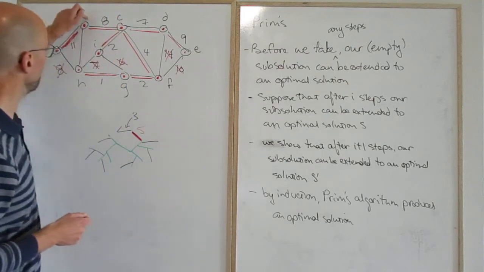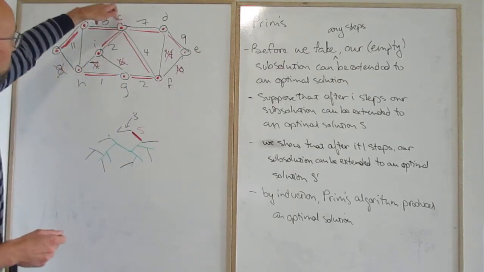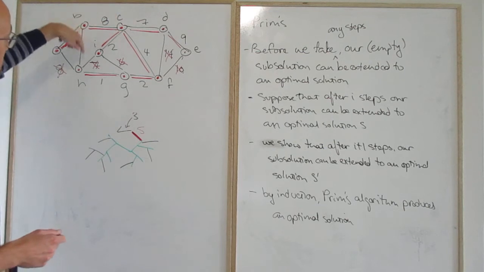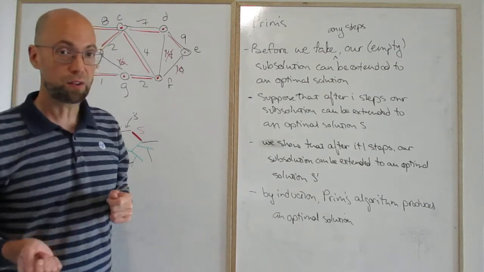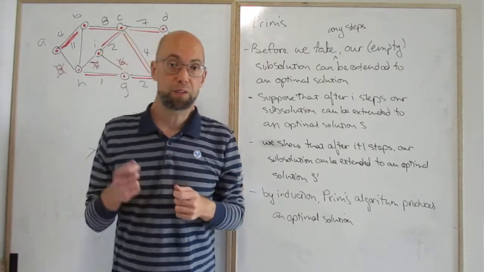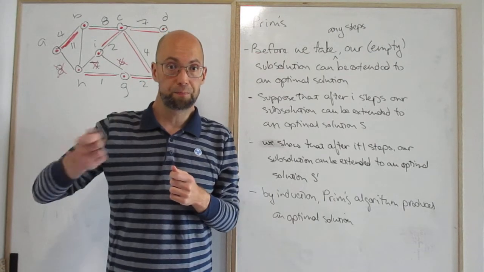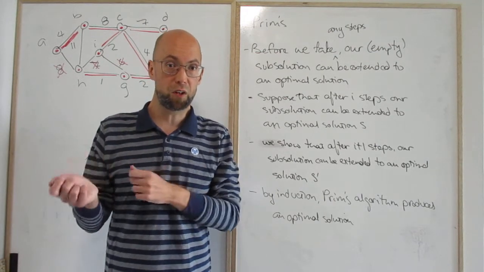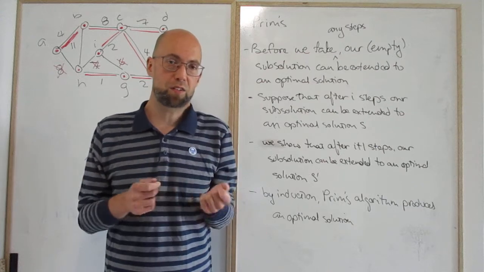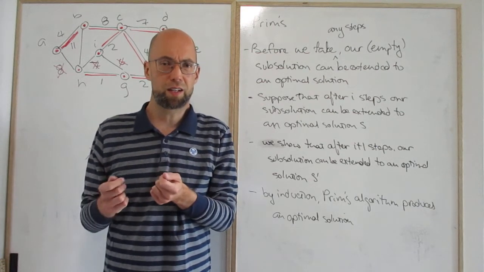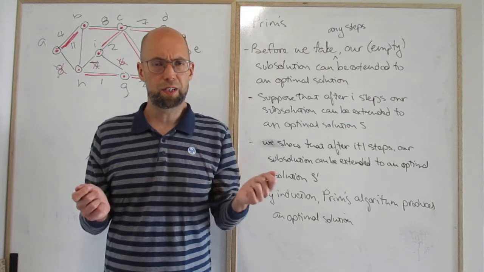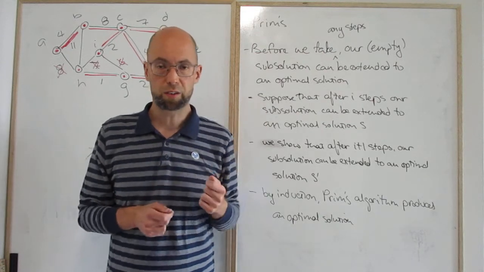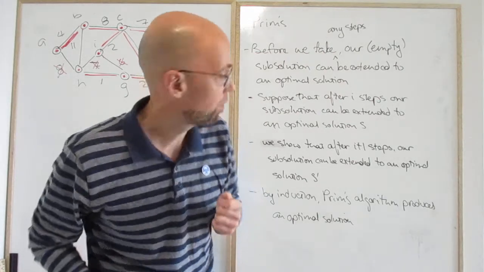Whenever you add a vertex, you look at the edges which are incident to that vertex, and you add them to the priority queue if the other end is not in the list. If the other end was in the list, then you would already have that edge in your priority queue.